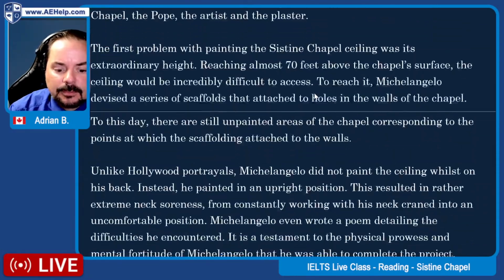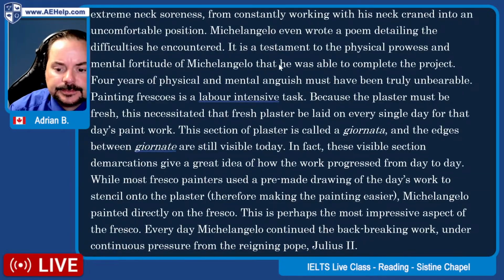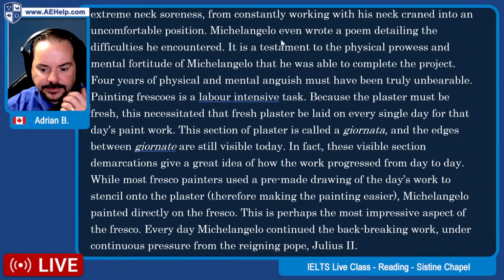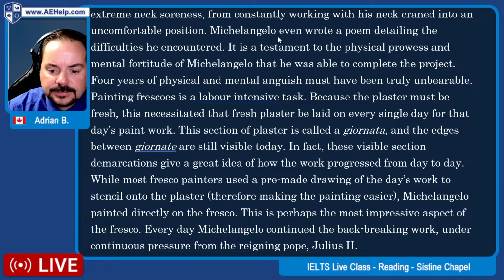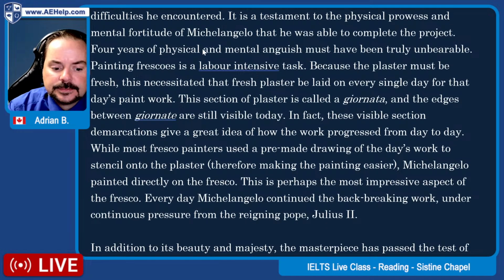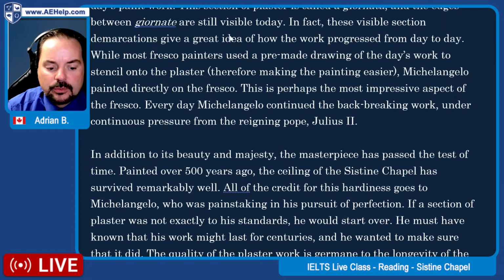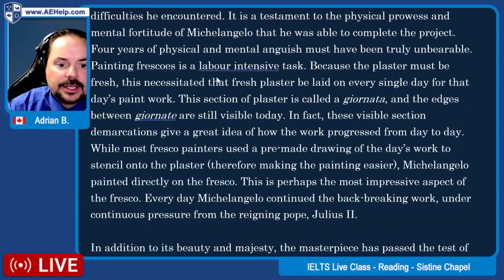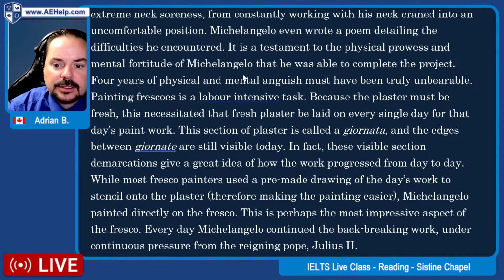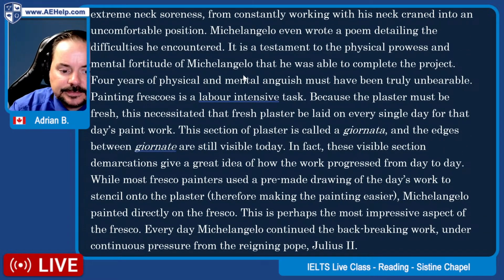It was called giornata, so every layer of the fresco was painted every day. So yes, something like giornata. I remember what it was. I see the section, just a moment. Yeah. The section of plaster is called a giornata.